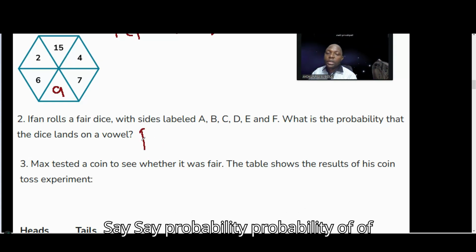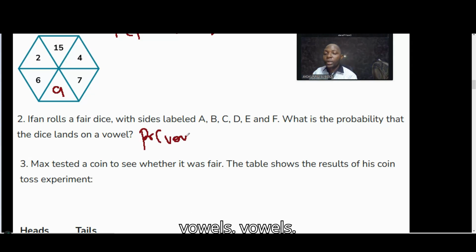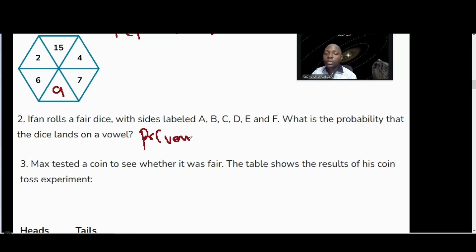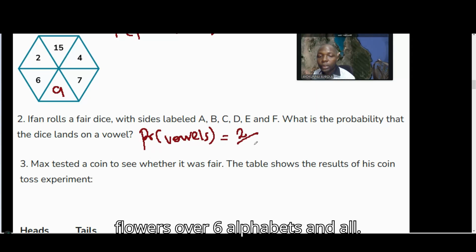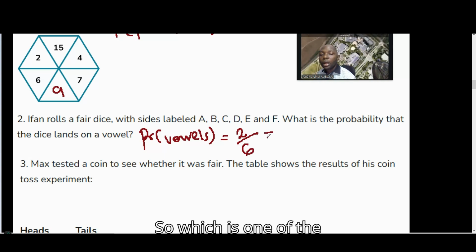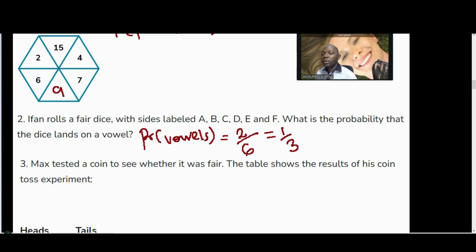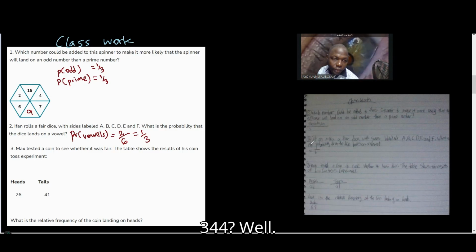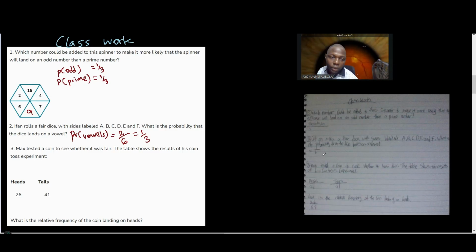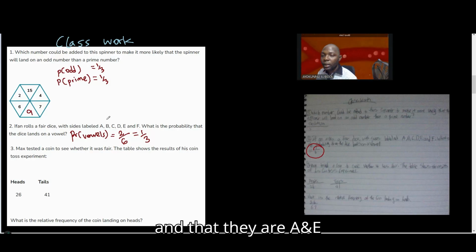Probability of vowels will be two vowels over 6 letters in all, which is 1/3. Okay. Did you get 1/3 for the vowel? No. The vowels that are there are A and E, okay?